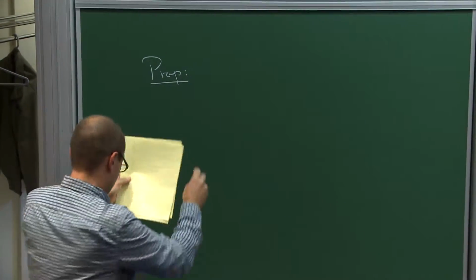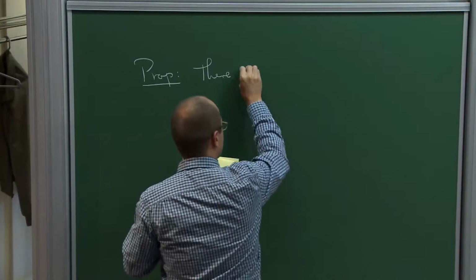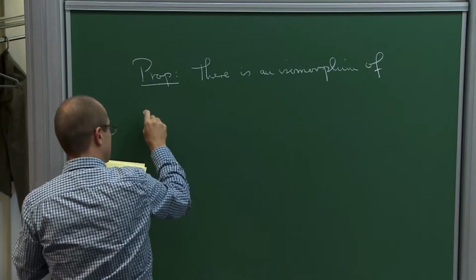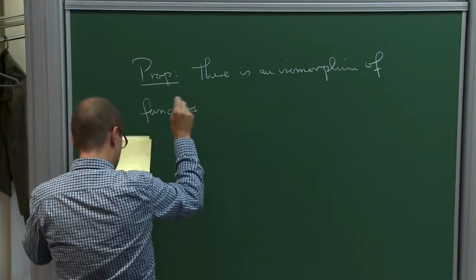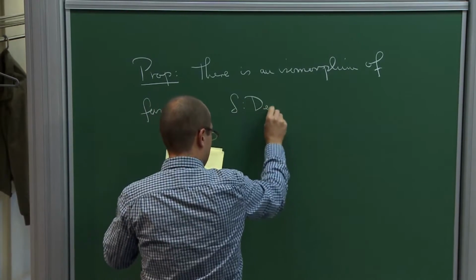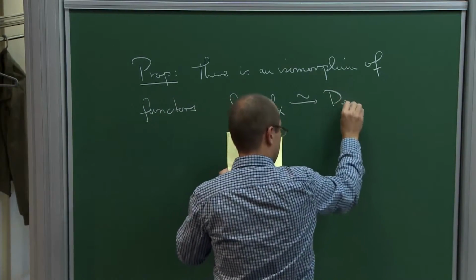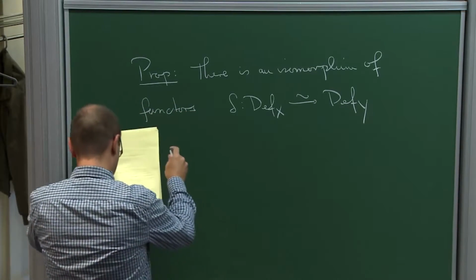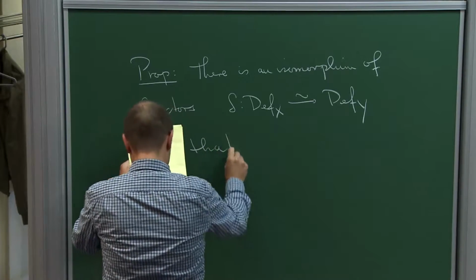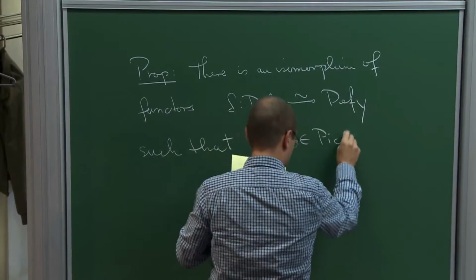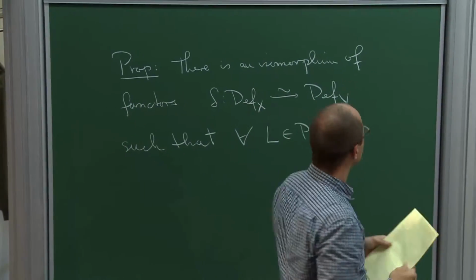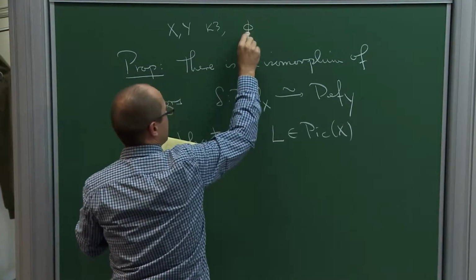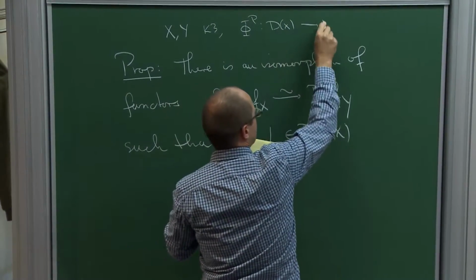Proposition. There's an isomorphism of functors. I mean, these are pro-representable, so say it like this, of deformation functors, so that's not such a big deal, but such that for every L in the Picard group of X, so I'd say X and Y are K3 surfaces, and I have a Fourier-Mukai equivalence DX to DY.